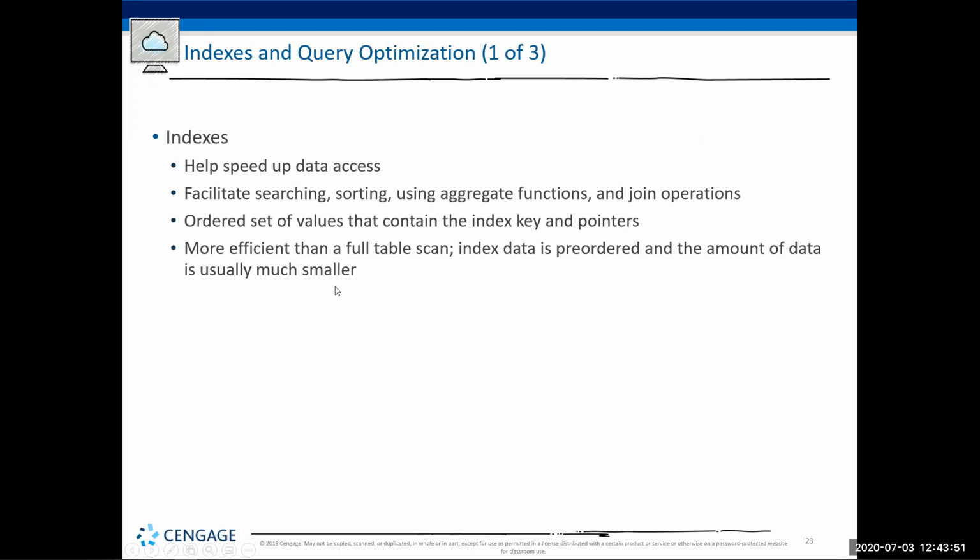Indexes. This chapter talks through a lot more of the mechanics of indexing, but I don't need you to go into that level of detail. What I need you to know is at least understand the whole concept of why indexing is useful, and why it's really good to have in terms of optimizing the database.